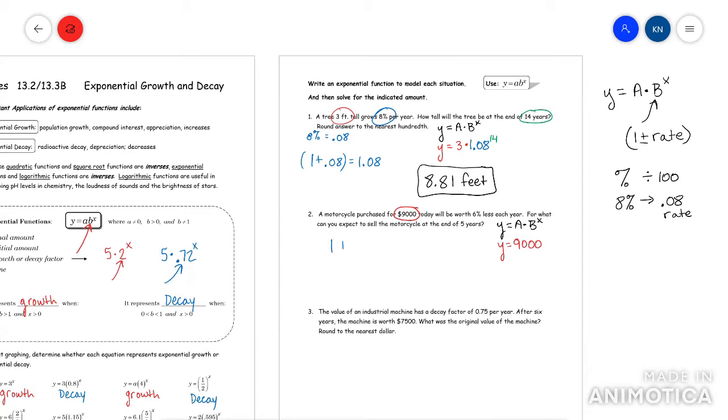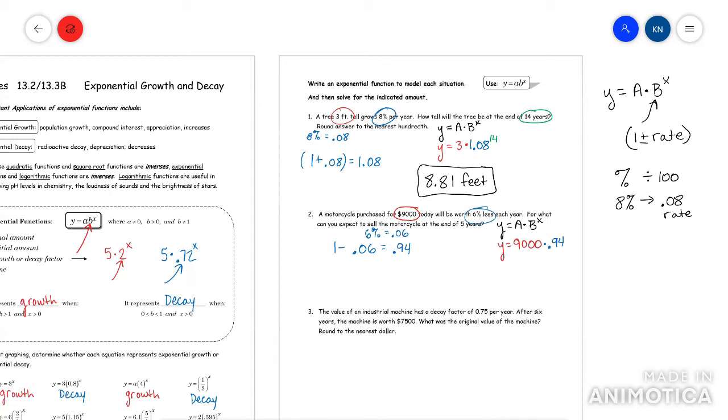B is 1 plus or minus the rate. Well, they say 6% less. So 6% is 0.06. So it's 1 plus or minus 0.06. Well, since it's decay, it's going to be 1 minus 0.06, which is 0.94. That's going to be your b value.